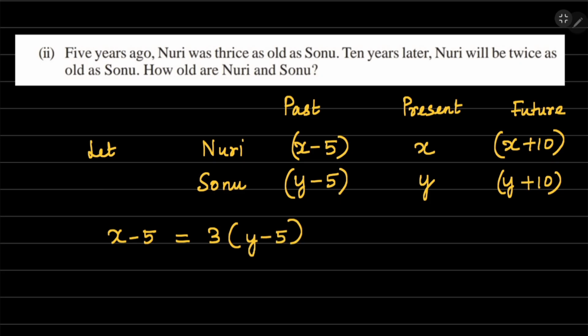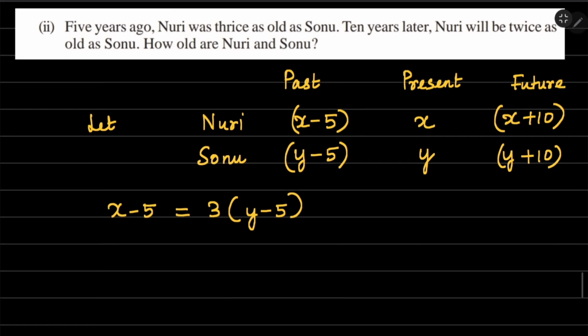Okay, this is the first equation. And then what is given? 10 years later, Noori will be twice as old as Sonu. Noori, that is x plus 10, will be equal to twice as old as Sonu's, 2 times y plus 10.